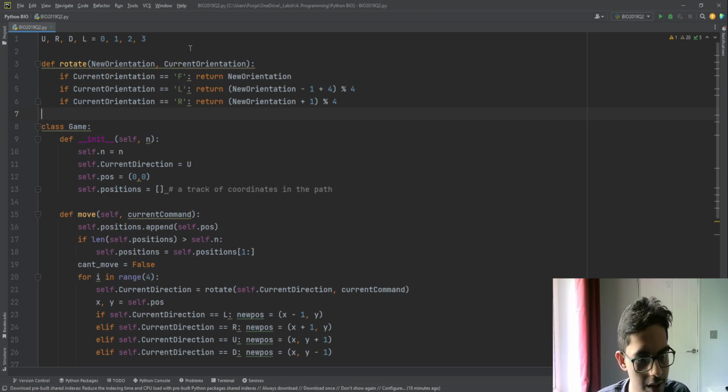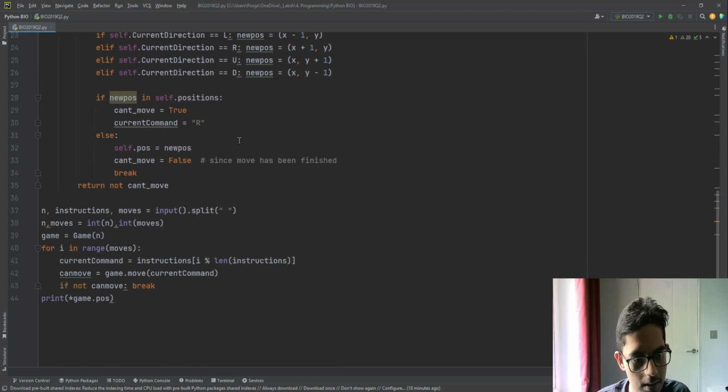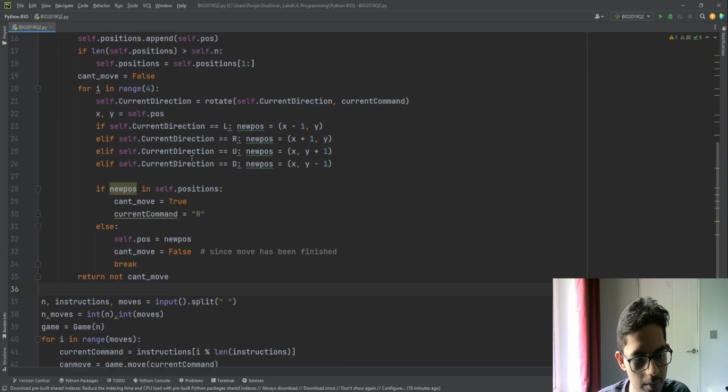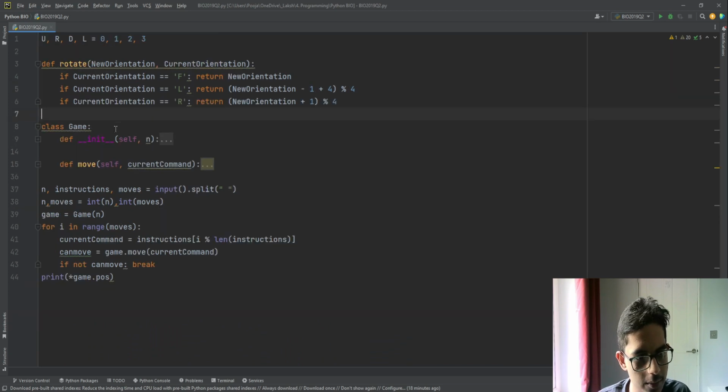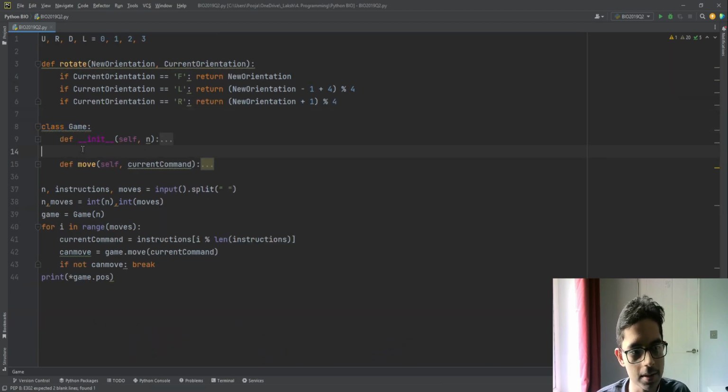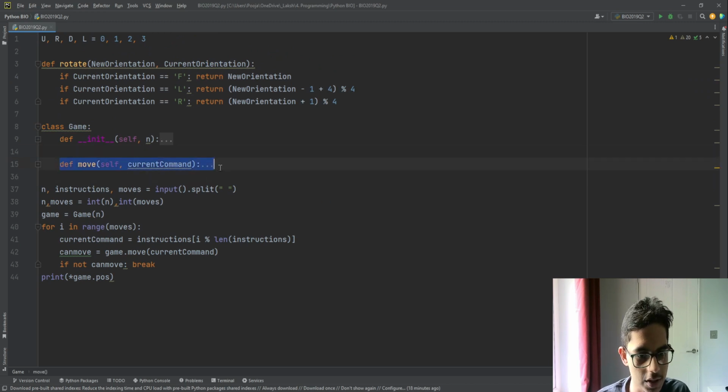So pretty much, the high-level structure of this code is we have a class game, and this represents the coordinate system which the explorer is in. And then we have this main function move. This carries out one particular move, on one particular command.